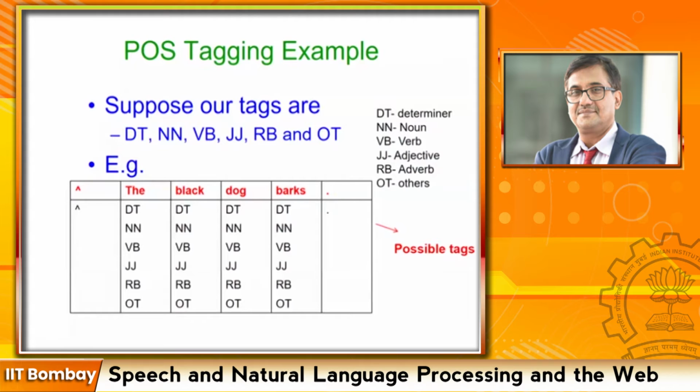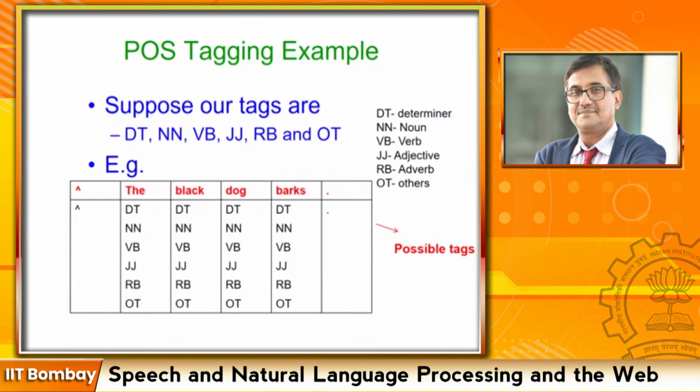And by now you must have understood very well that our task is to find the best path from hat to dot, traversing the states of part of speech tags. The transition from one state to another is in the form of the product of transition probability and the emission probability.